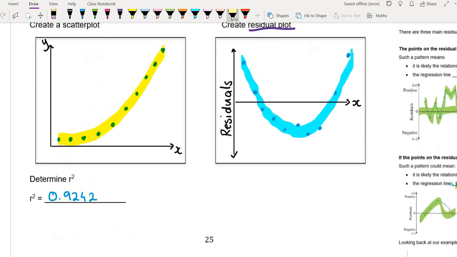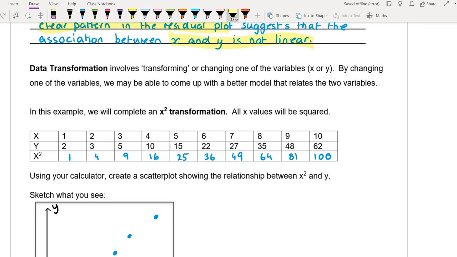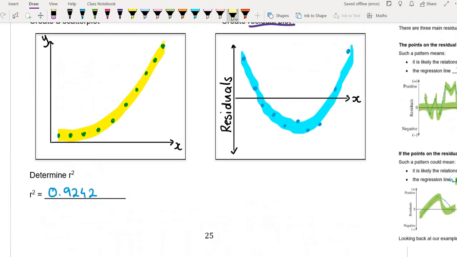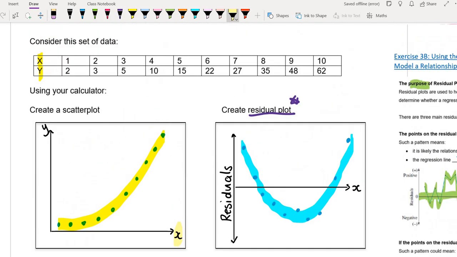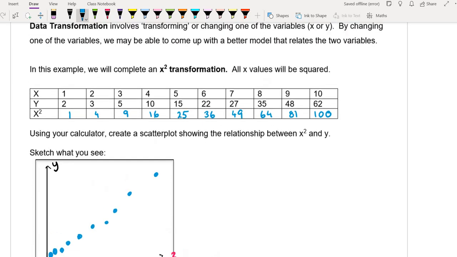However, this is something that we can fix. There's a clear pattern here. So if we square this x, the x that was used here, or also over here, if we square these values, so this will become 1, this will become 4, this will become 9, this will become 16, and so on, then that's going to help us linearize the data.